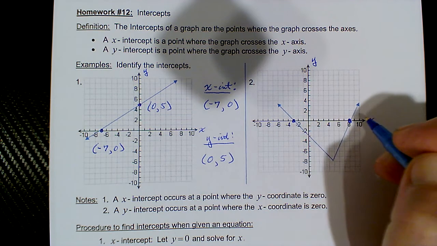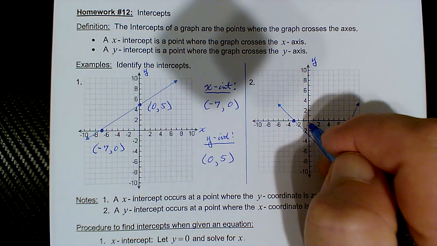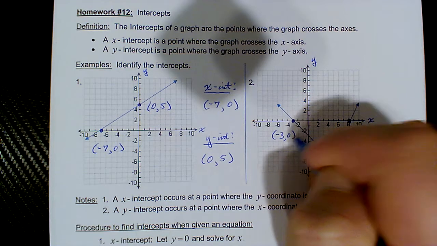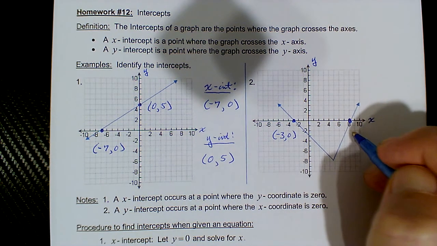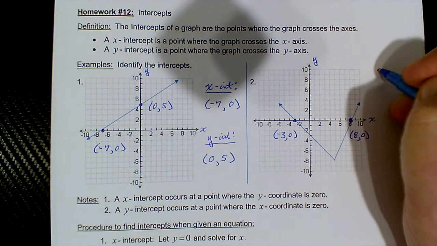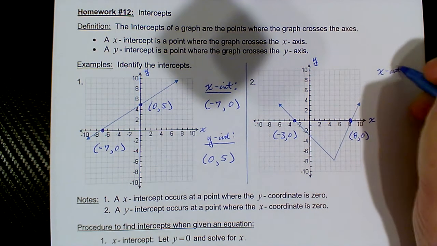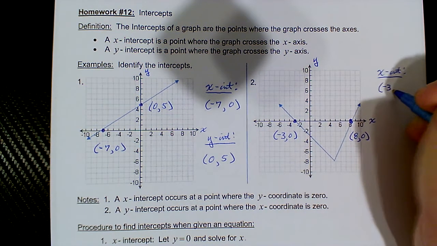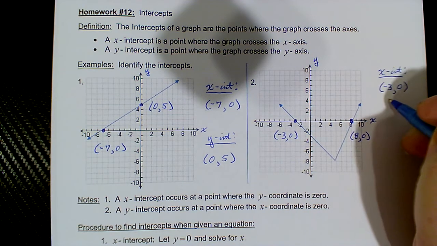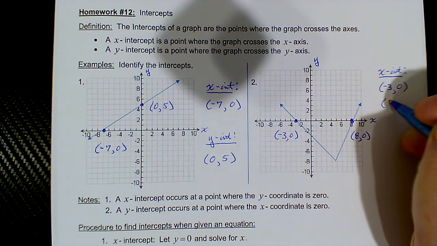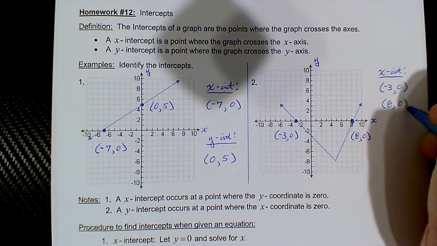For this point, in the x, -3, y is 0. For this point, in the x, 8, y is 0. I want to list the x-intercepts off to the side. Again, make sure you put them in parentheses, written as an ordered pair: -3, 0, and 8, 0.